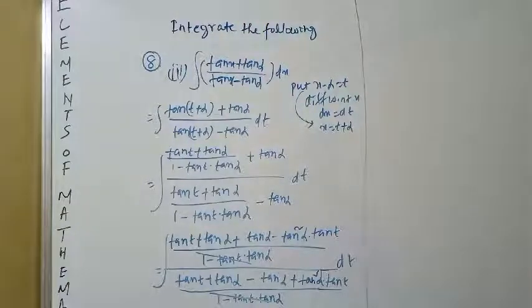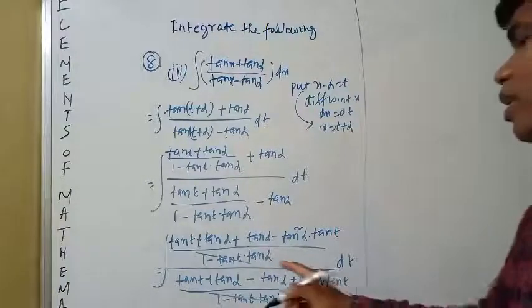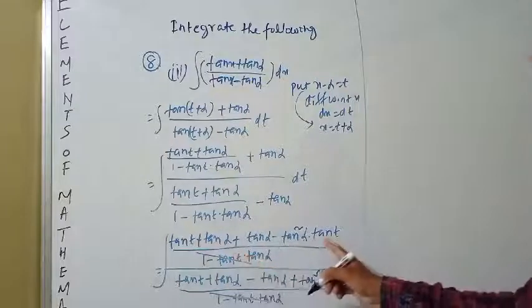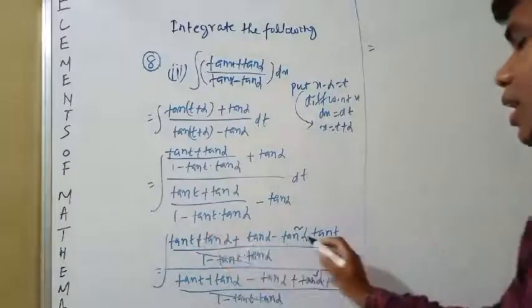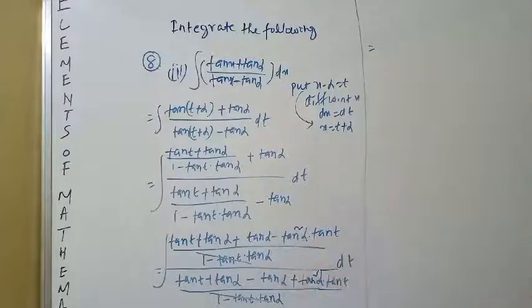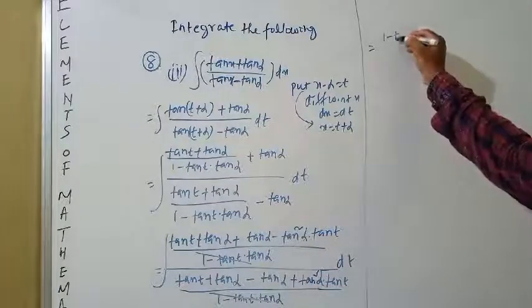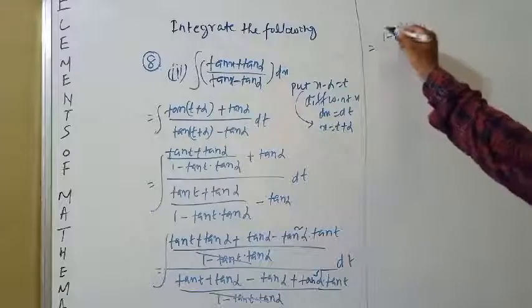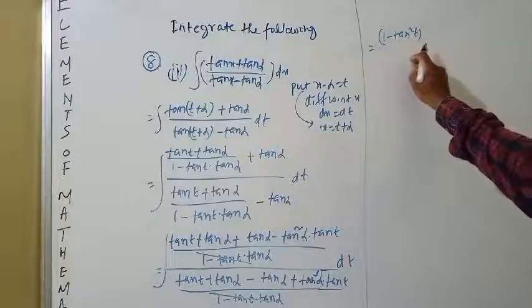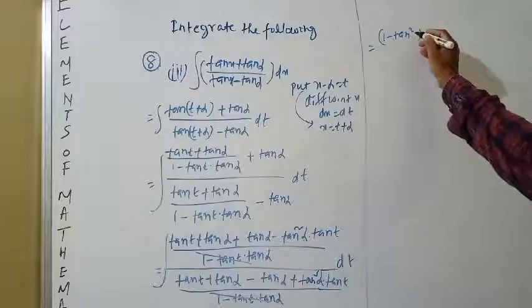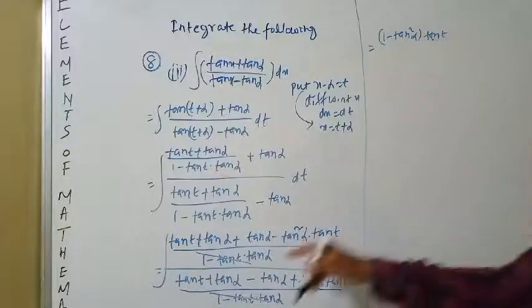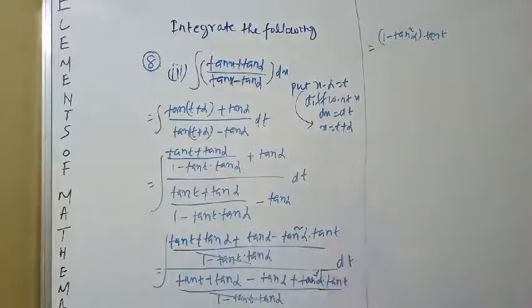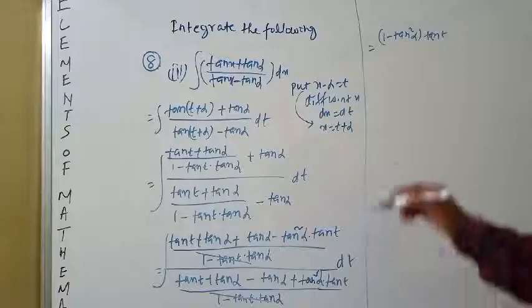Taking tan t common, that is 1 minus tan square alpha, tan t. Here also tan t is given, taking tan t common, 1 minus tan square alpha.